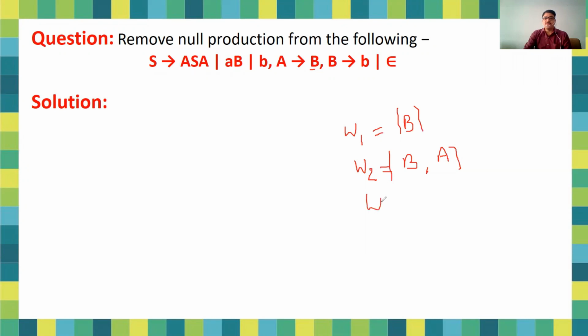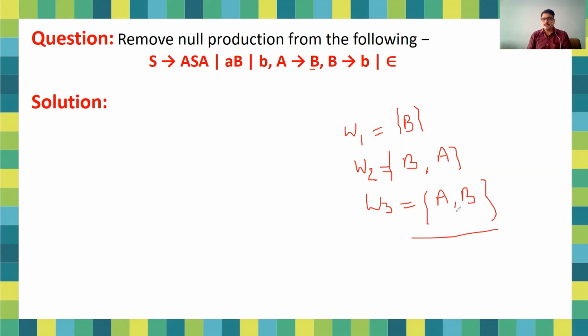And again we will try to find W3, that is A comma B. Now we will check whether any combination of A comma B is provided by any other variable. There is no other variable that is providing A and B or a combination of A and B. So simply A and B are the nullable variables, right?